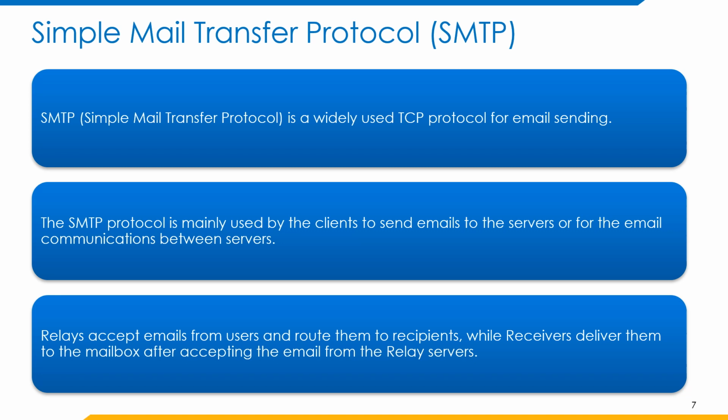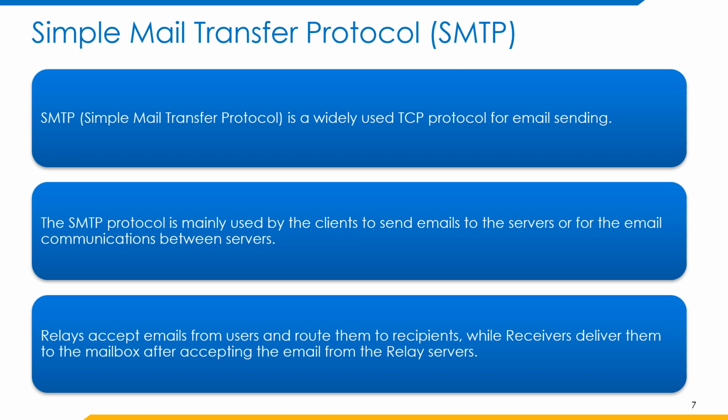The Simple Mail Transfer Protocol is a protocol that mail servers use to send, receive, and relay incoming and outgoing emails between senders and receivers. An outgoing mail server is a generalized term to describe a system that collects, processes, and serves email.